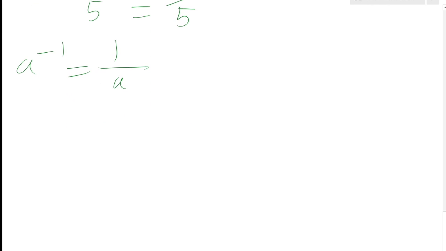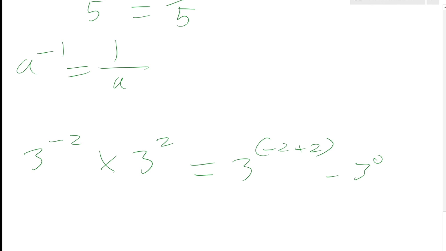So what about larger, or well, technically smaller, but negative numbers of a greater magnitude, like say 3 to the minus 2? And we could do exactly the same thing. As long as you use the rules of power, you can prove, in this case, I'm going to multiply by 3 squared, because then we get that the powers effectively cancel and we get 3 to the 0 as our product, which is just 1.